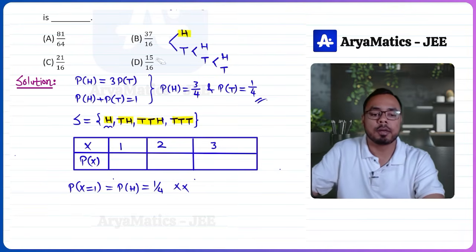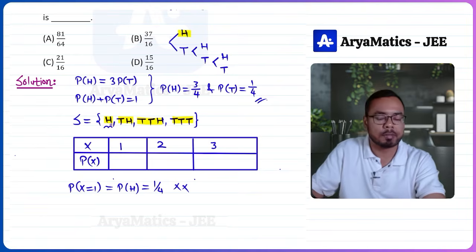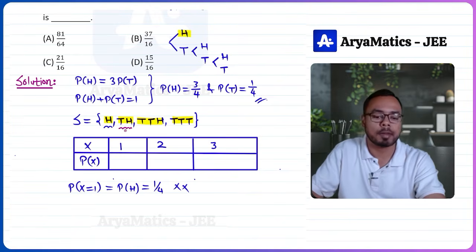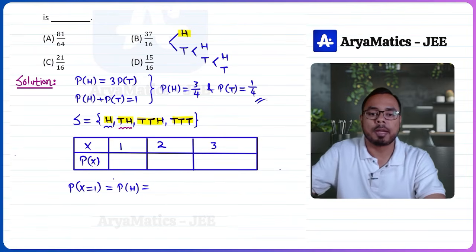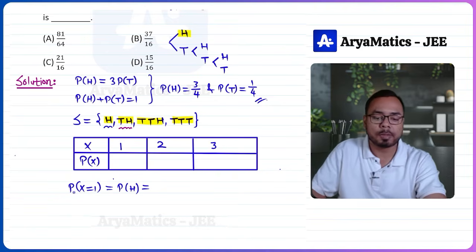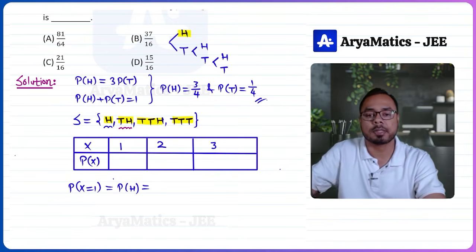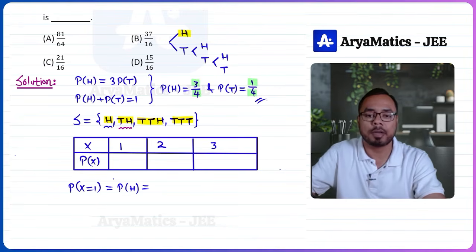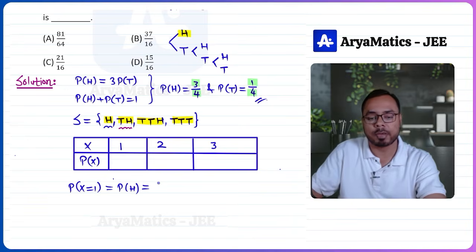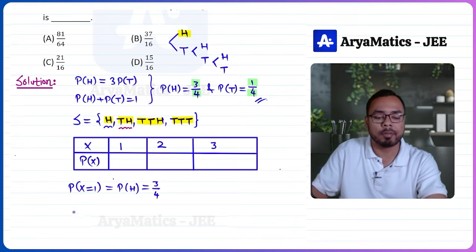Obviously the chance of getting head in the first toss is not the same as the chance of getting tail in first and head in second. So the correct approach is that there will be only one toss if the first toss has resulted in head, and the probability of getting head is 3 by 4 because the coin is biased. So the probability of head is 3 by 4 and the probability of tail is 1 by 4. So the probability that x will be 1 is 3 by 4.